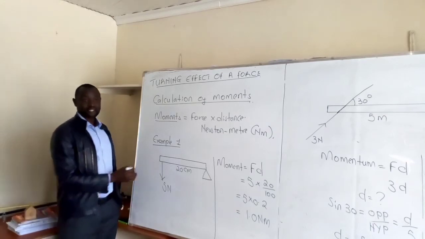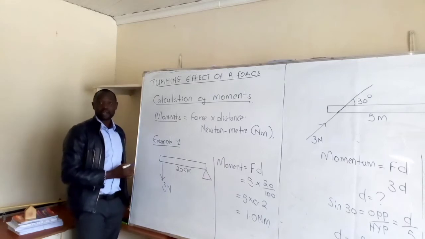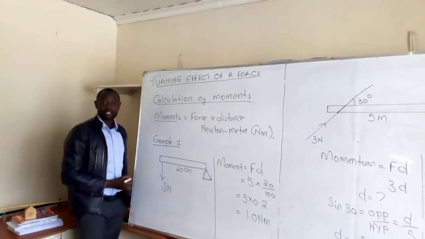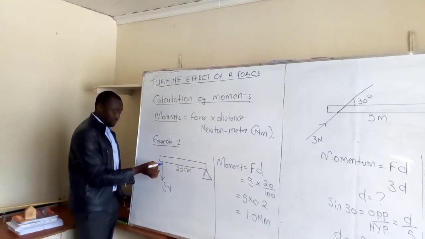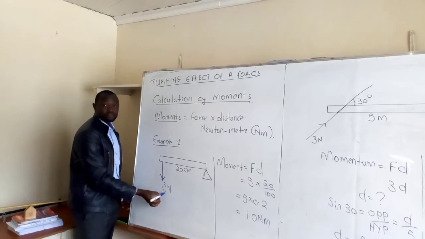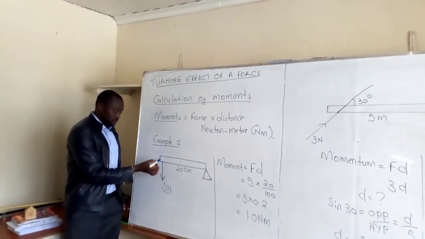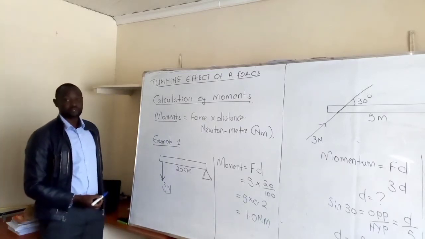Look at such a system where we have a bar and a turning point, that is the position of our pivot, and this is our force. It is a force of 5 newtons. Remember, we represent force with a straight line and an arrow to show the direction of the force.